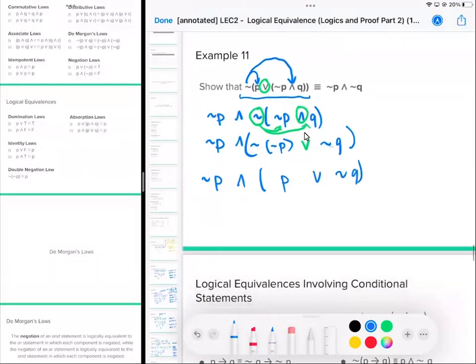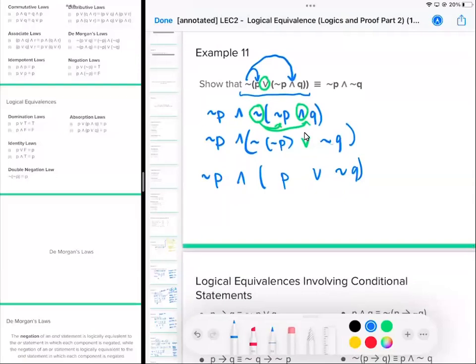Now we can use the distributive laws for this. We will basically distribute this not P with this factor to both sides.